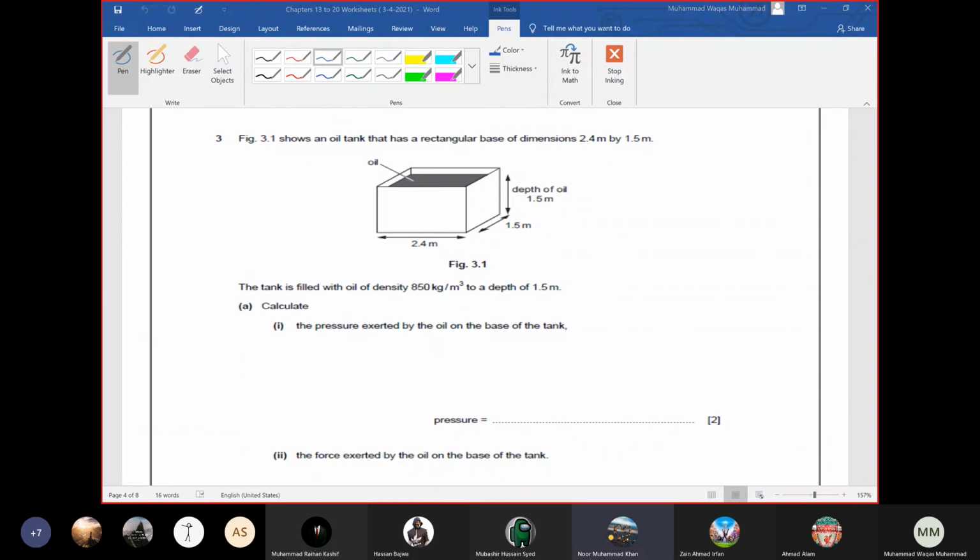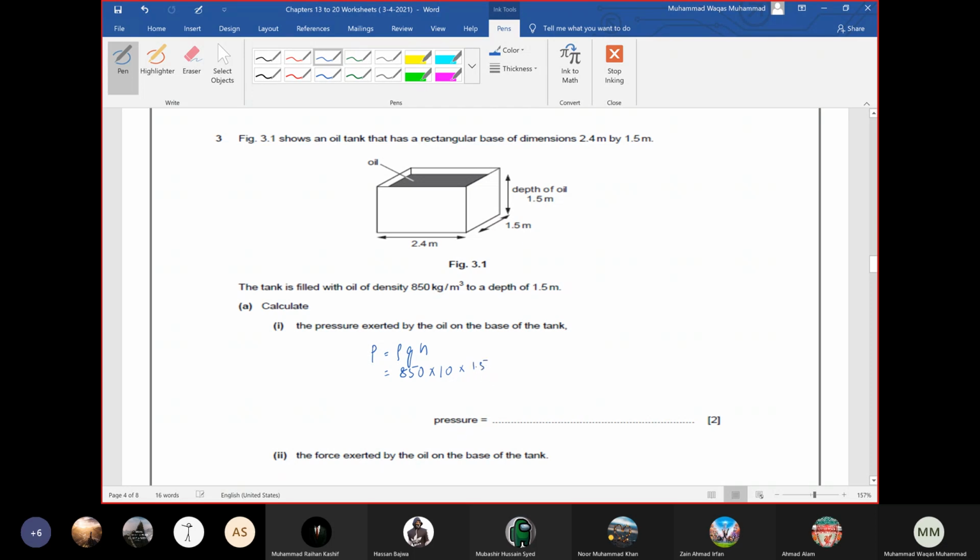Beta, how do we calculate the pressure? Pressure of a liquid is rho g h. So 850 times 10 times 1.5. The density of the oil is 850 kilogram per cubic meter. The value of g is 10 newton per kilogram or 10 meter per second squared. h is the depth of the oil, 1.5 meter.